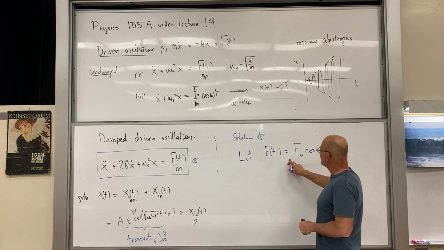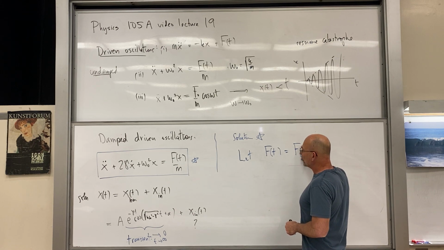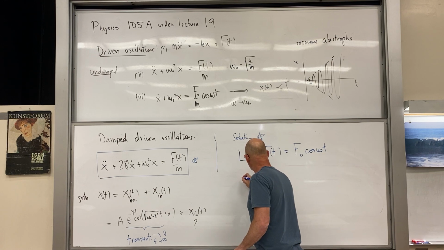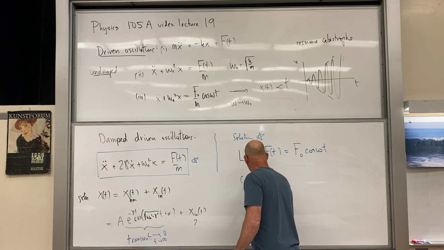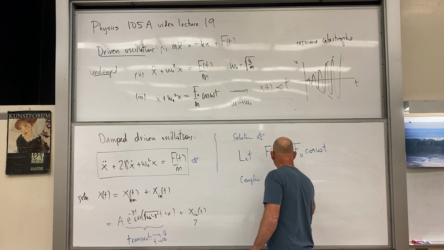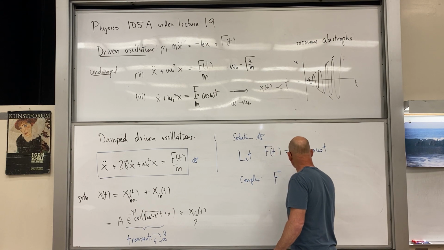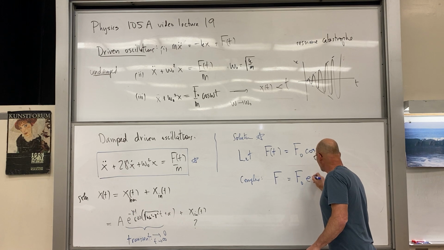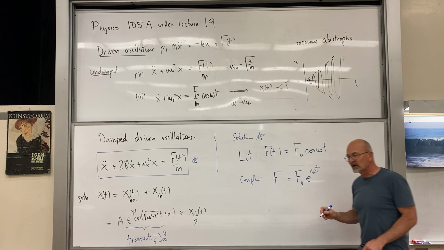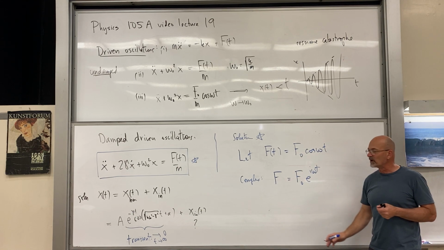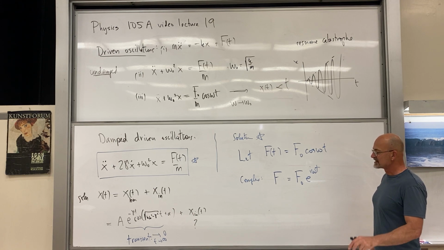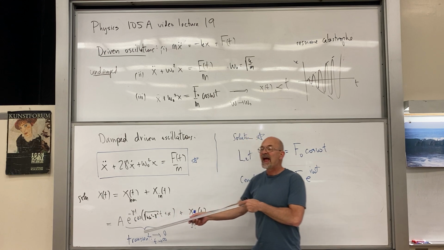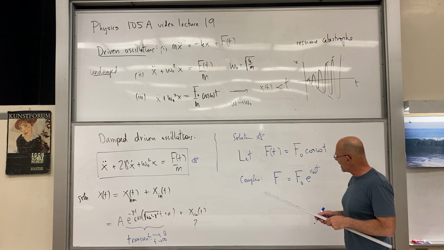And this time, we're going to go ahead and plug in the complex version. So, complex F, I'm not going to give it a new letter, F naught e to the I omega t, and then we're going to take the real part when we're done. Same thing holds true that we've said all along about taking the real part after we do all of our operations.